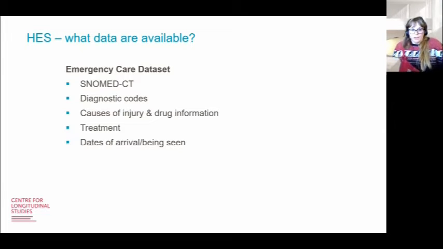So I think it's really promising. It has diagnostic codes, causes of injury, also place of injury, not geographical place, but home, school, that kind of place. Drug information, lots of information about treatment, and then again the usual dates: arrival, when they're seen, and when they're discharged or admitted.